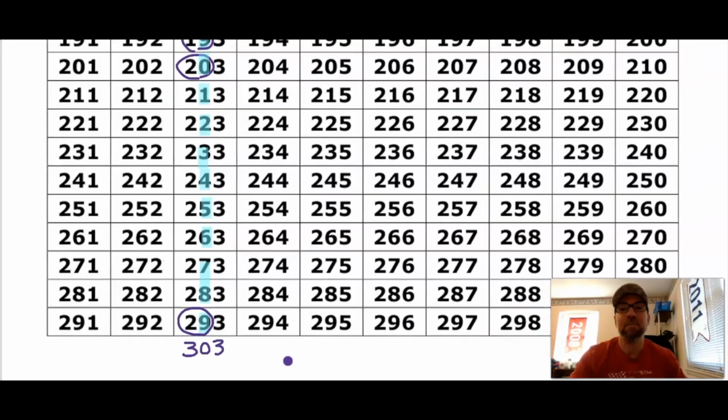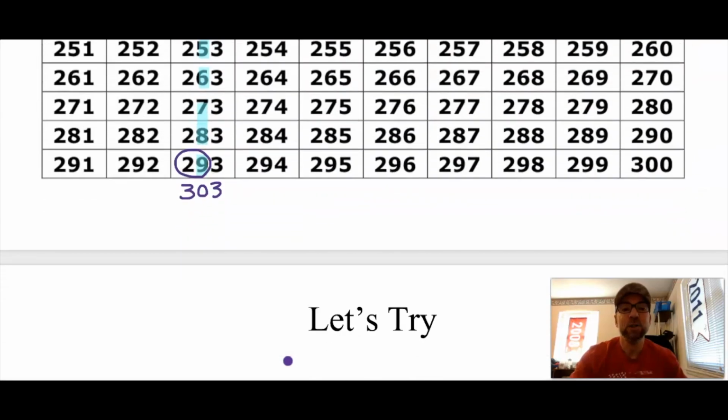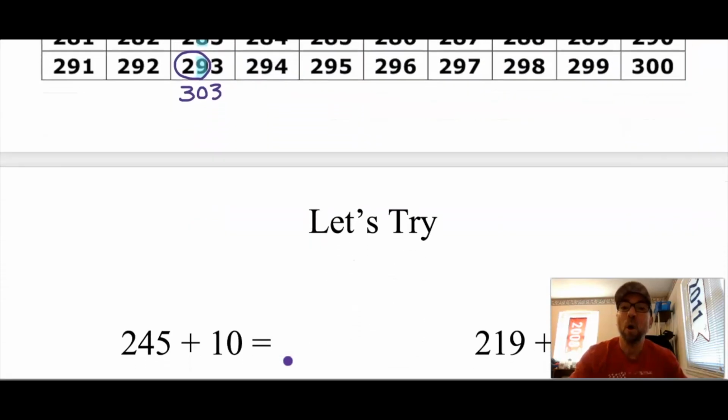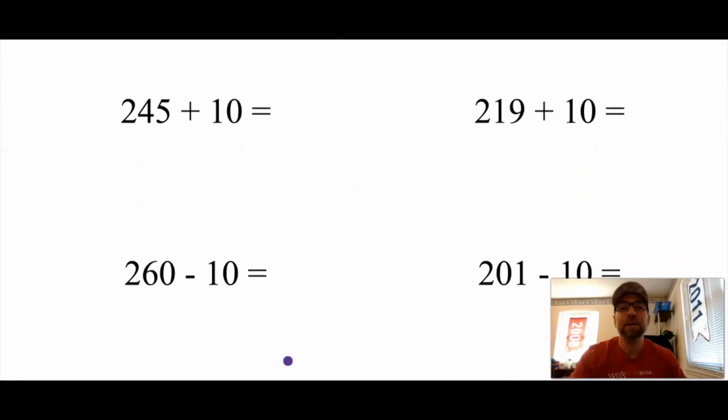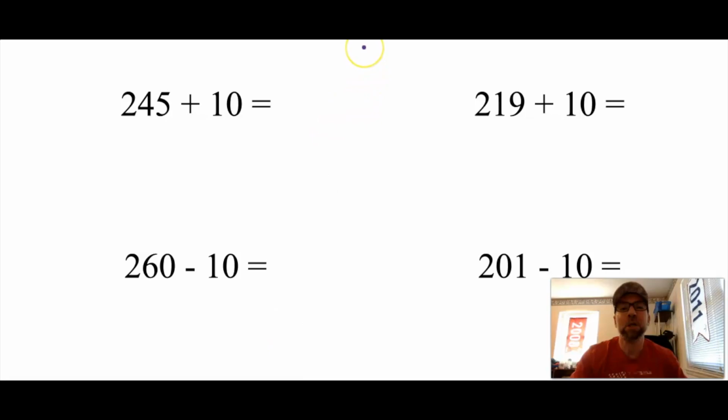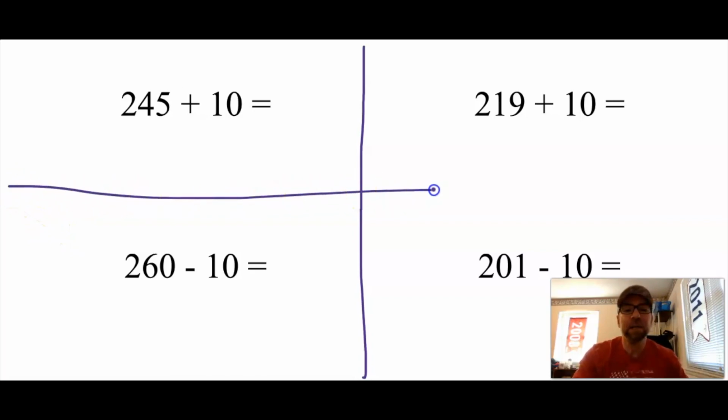Awesome job. Let's go ahead and try some more on our whiteboard. Let's go and draw our big plus sign again. Line down the middle, going up and down, and a line going across. And again, we have 4 boxes. 1, 2, 3, 4.